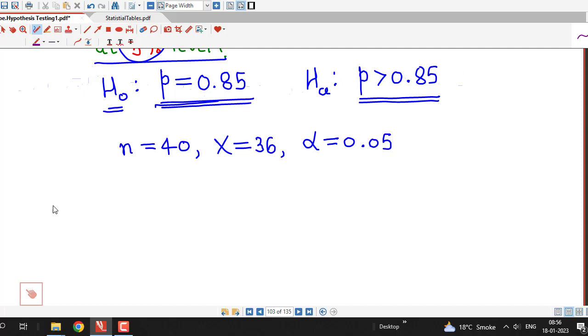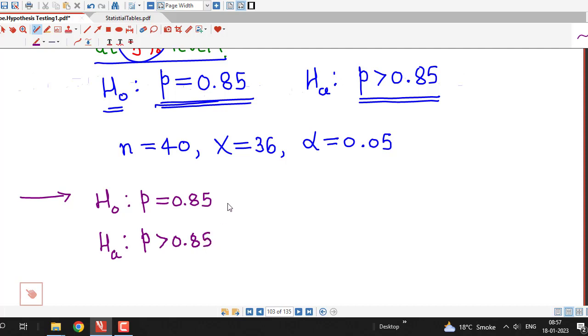As usual, the first step is to decide the null and alternative hypotheses. The equality part always goes in the null hypothesis. So the null hypothesis is that the population proportion is 85% and the alternative hypothesis is that the population proportion is more than 85%, that is p is greater than 0.85.